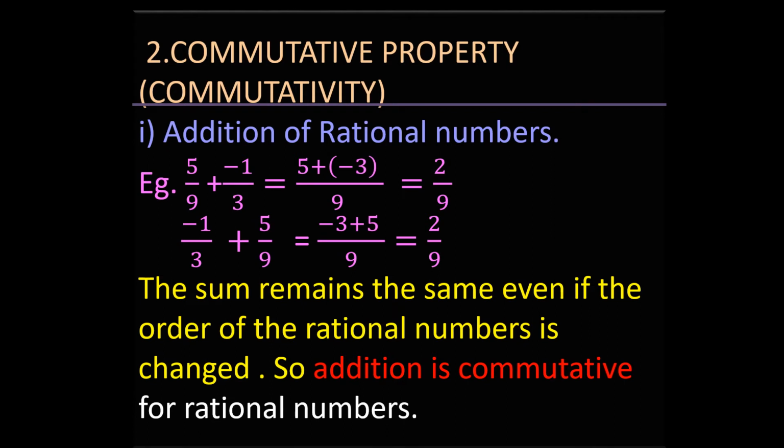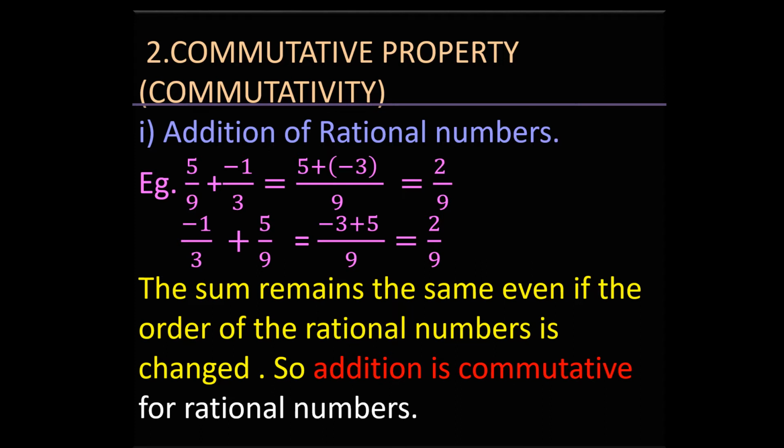Let us move on to the next property, that is commutative property. It's also known as commutativity. The first case we are discussing is regarding the addition of rational numbers. We take the example of 5 by 9, and it is added with the next rational number, which is minus 1 by 3.